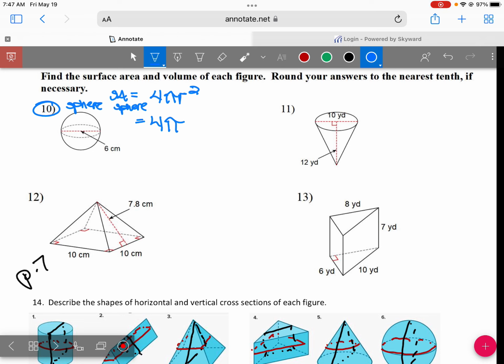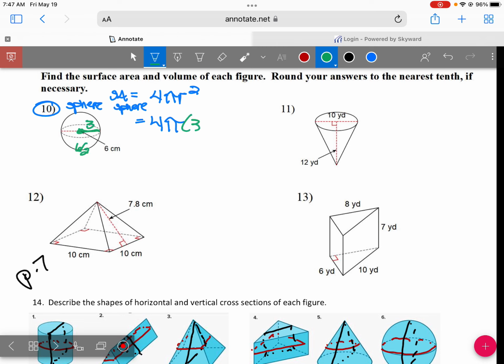I thought 6 was the diameter. It is the diameter. Yes, I was hoping somebody was going to say that. The radius only goes from the center of the circle out. So it would be 6 divided by 2, which gives us 3.